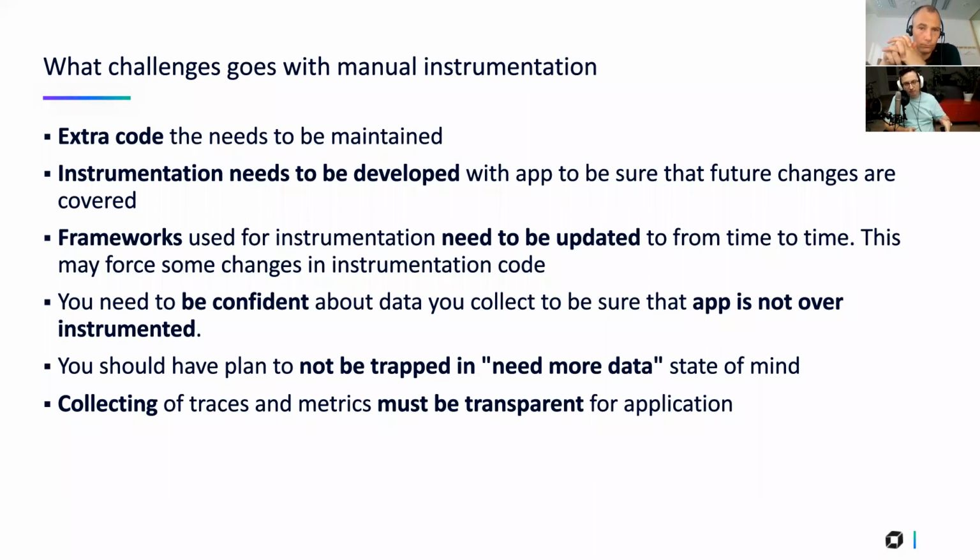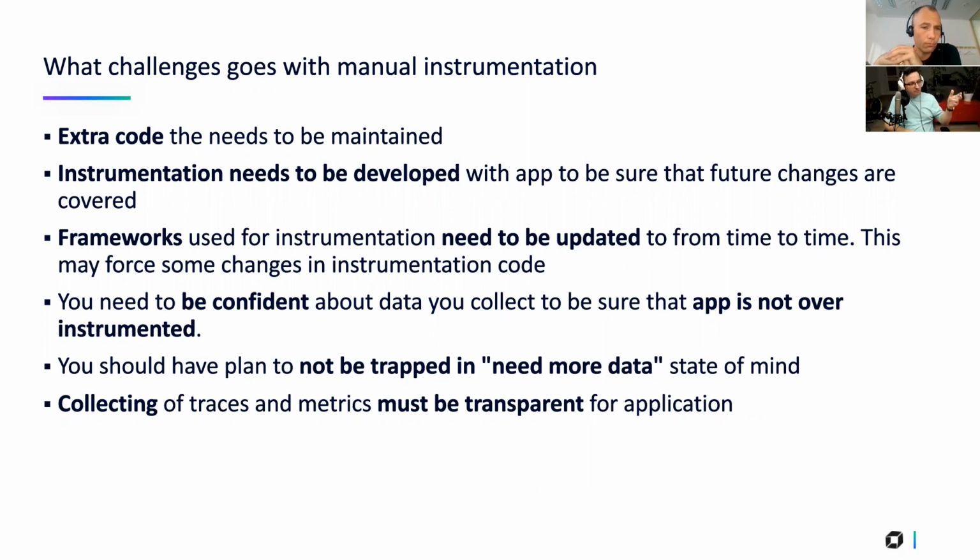But if you have to put something in special places picked for a particular reason, you will need to think about modifying and maintaining this part of the code with the application as well. And this is why it's so important not to over-instrument the app, because if you make too many points, you will have too much effort on your application to make everything work as you expected.